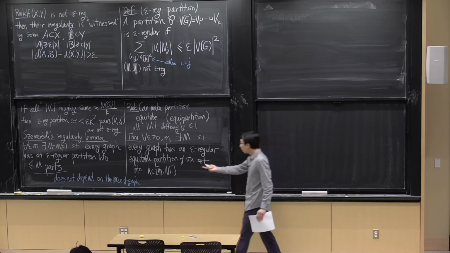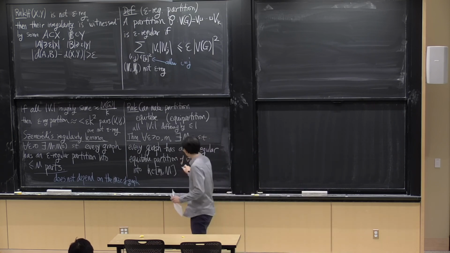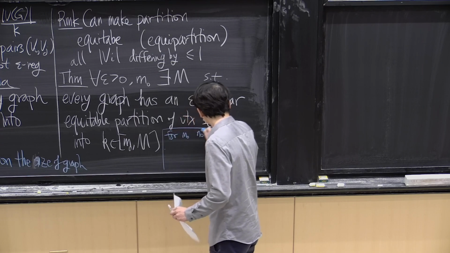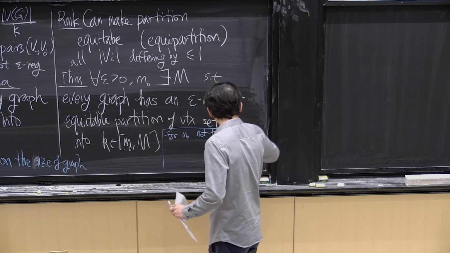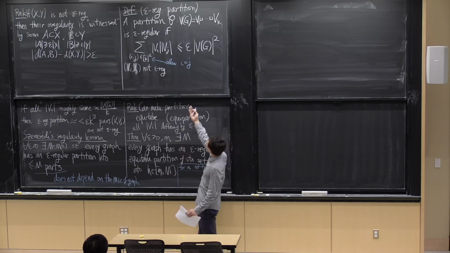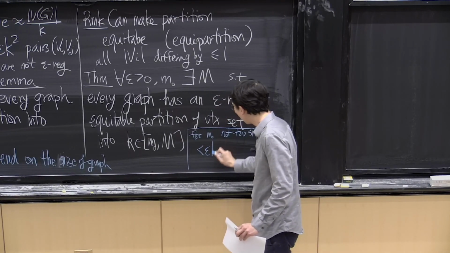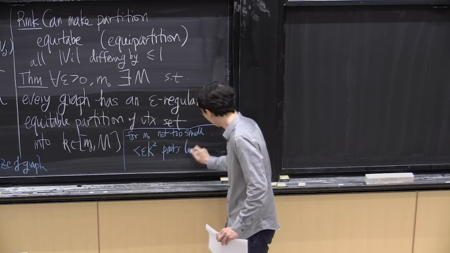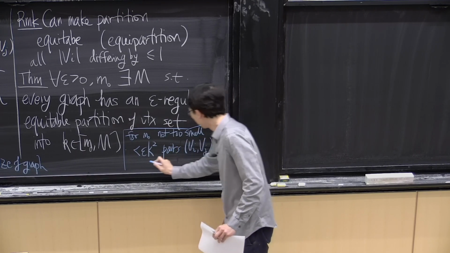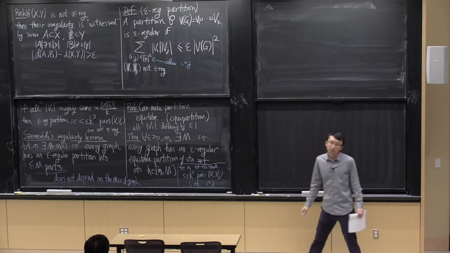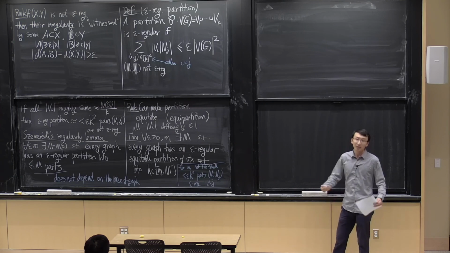And you see that for m_0 not too small, for example, if it's somewhat larger than 1 over epsilon, when you look at the definition of epsilon-regular partition, it suffices to check that at most an epsilon fraction of the pairs (V_i, V_j), i different from j, is epsilon-regular, again up to changing epsilon by a factor of 2.